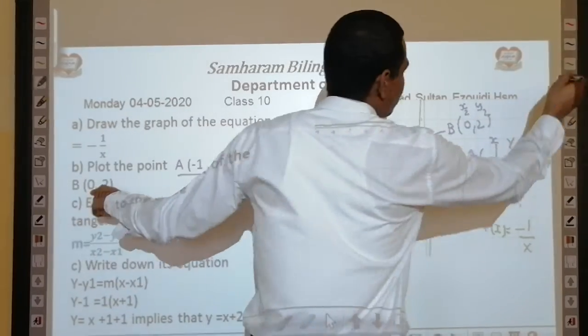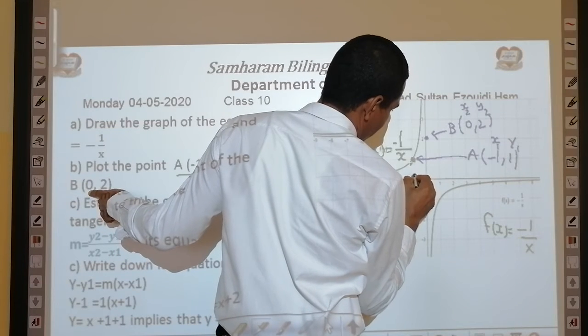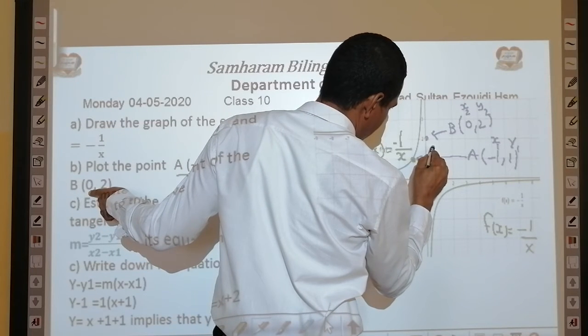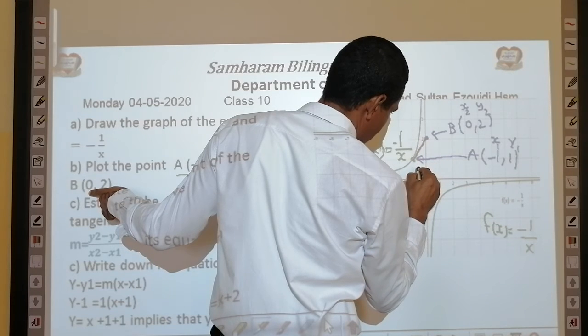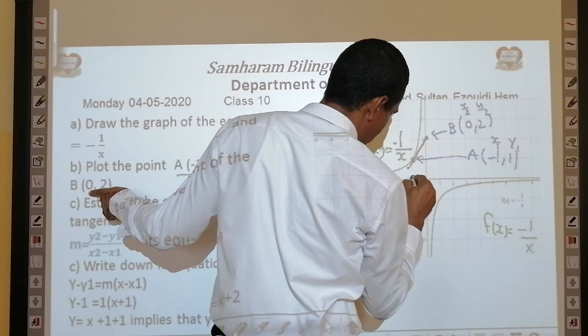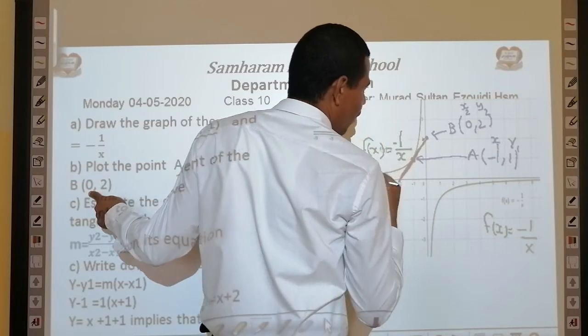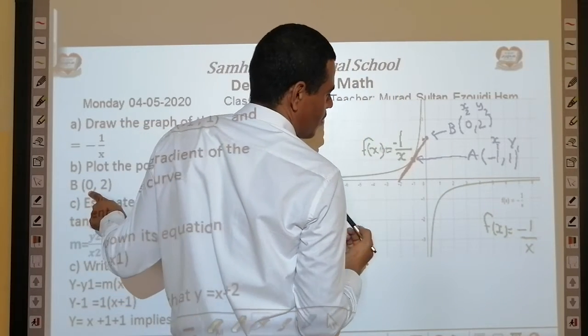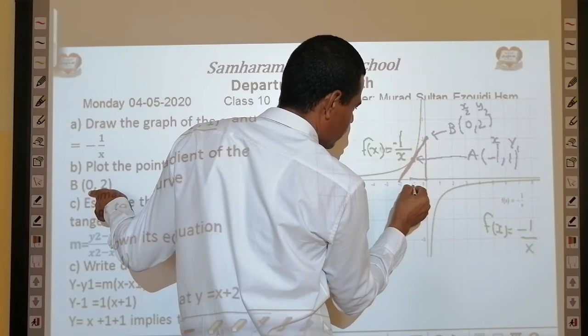Then I will try to construct a right angle. Okay, so just make it that. This is the line that is tangent to the curve. Okay. If you would like to find the gradient of the tangent, my learners, just construct a right-angled triangle.